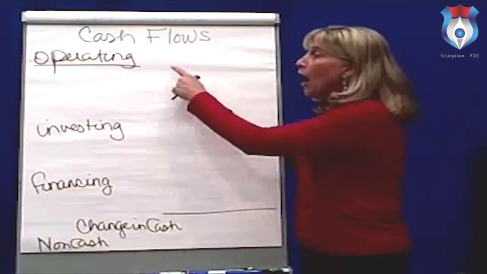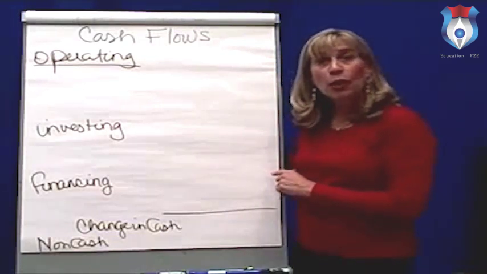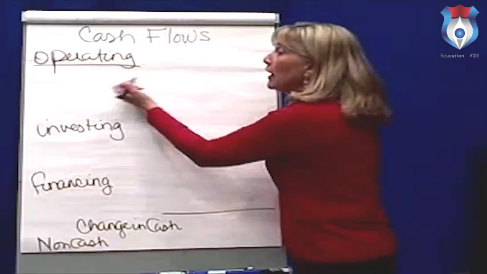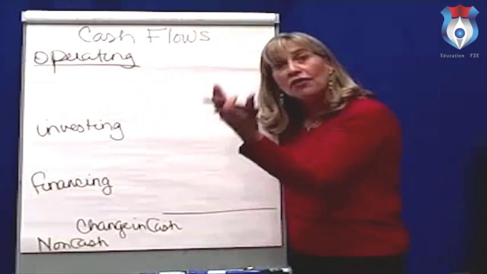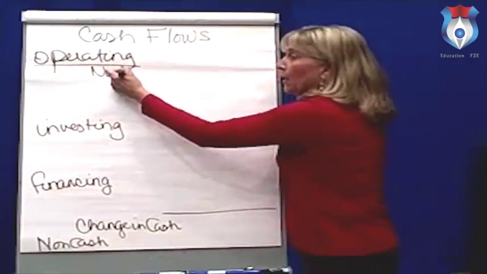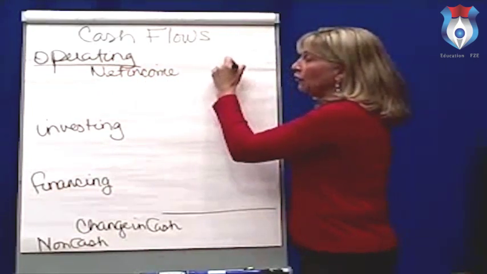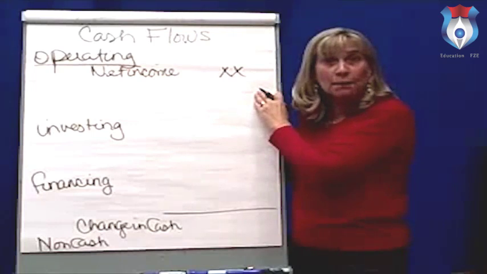Those come from operating activities, and those operating activities primarily have to do with the income statement. And you'll know that the result of the income statement is net income. So that's always the very first thing on a statement of cash flows. We're going to put down our net income.